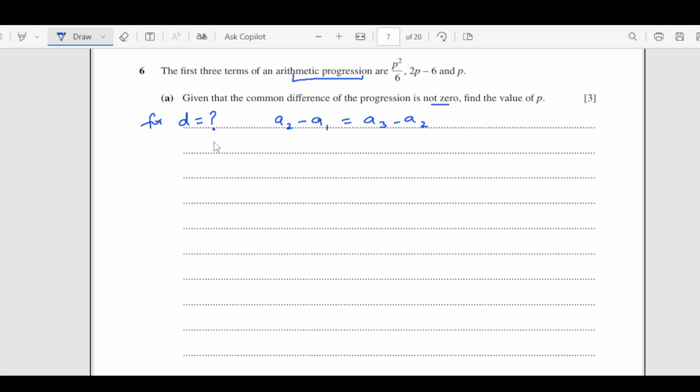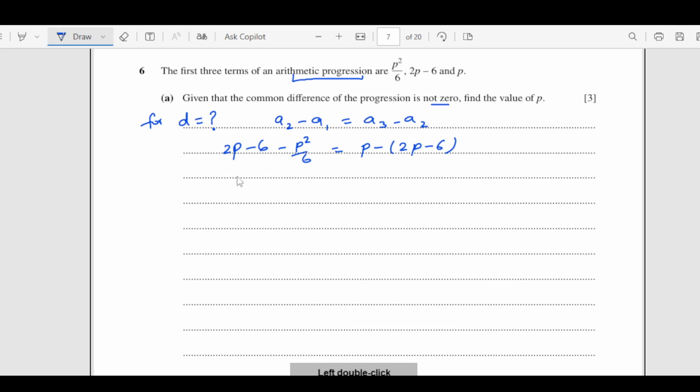Like this, for consecutive terms the difference is going to be the same, right? So a2 minus a1, a2 is 2p minus 6 and a1 is p squared over 6, and a3 is p minus 2p minus 6, right?